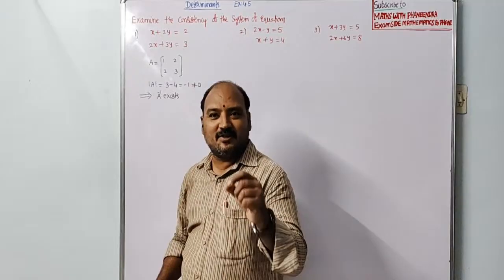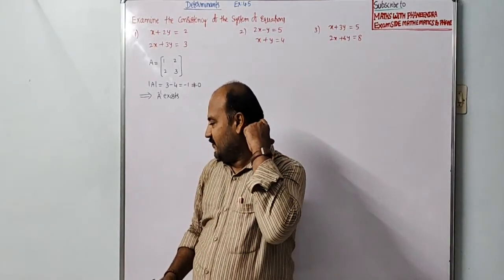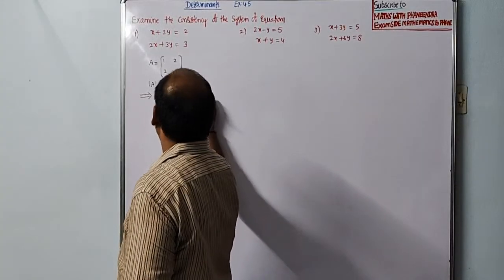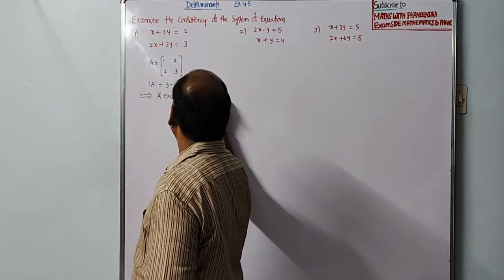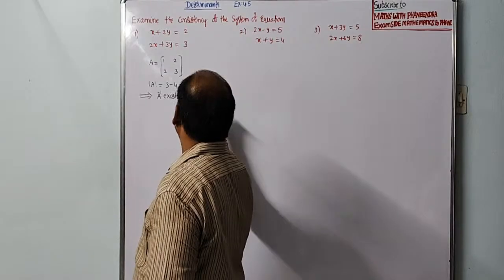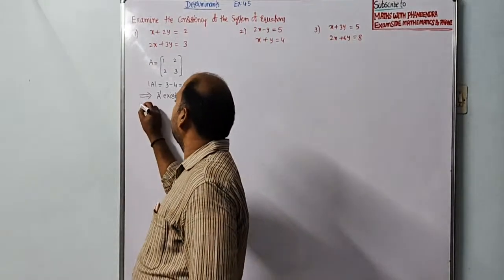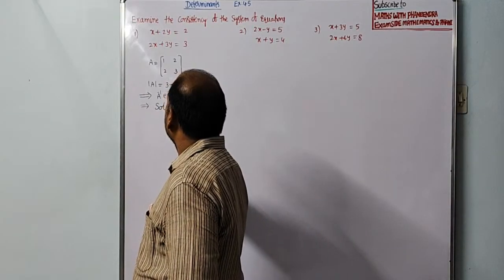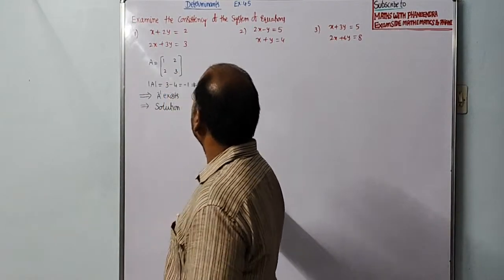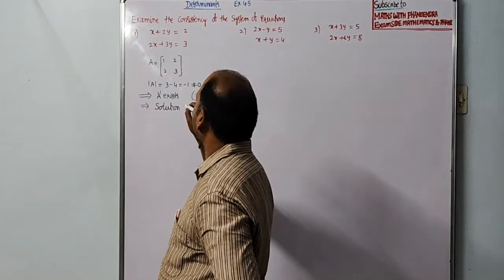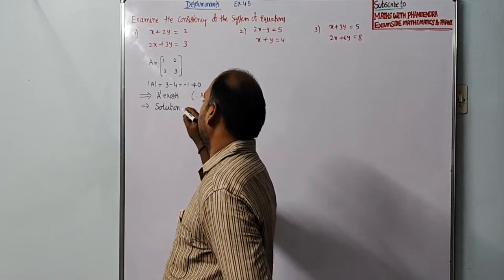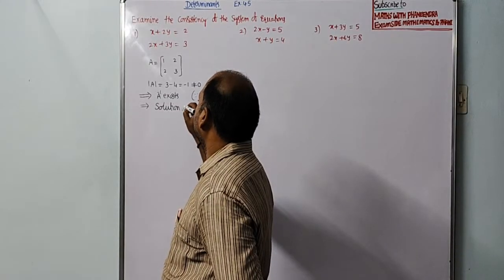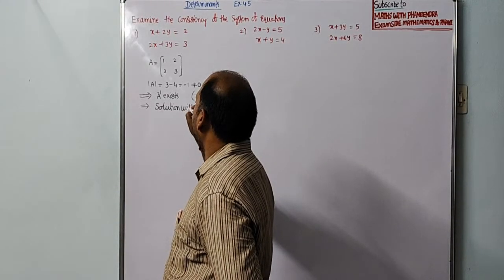Why? Because x equals A inverse into B, we have the formula. So a solution exists. That implies A inverse exists and the solution will be there.